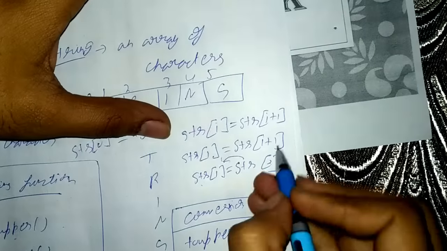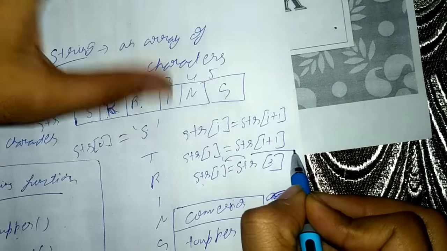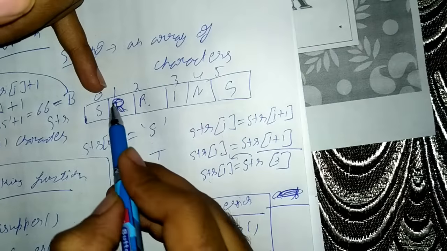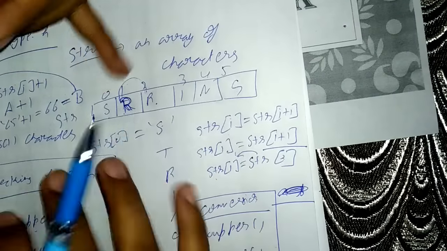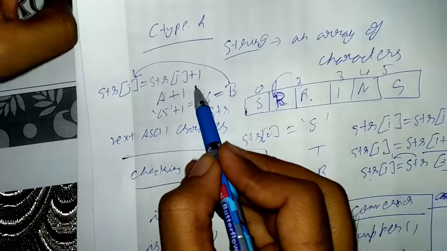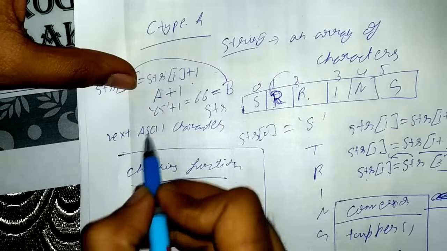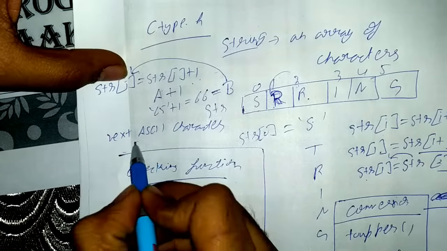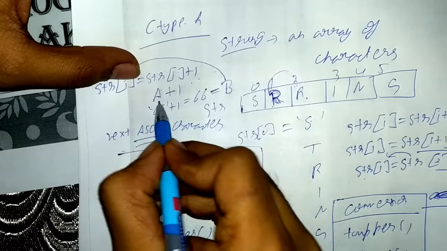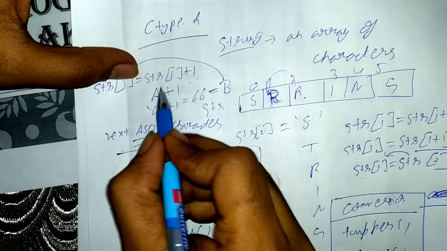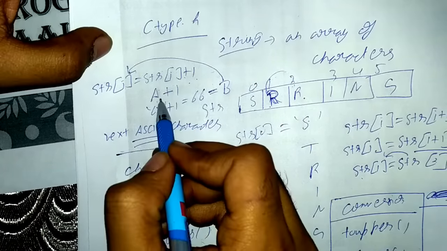So if the plus is within the brackets, that means you have to take the next character of the string. Or if it's outside the block, that means we have to initialize it with the next ASCII character. Like if the value is A, then you will assign it B. If the value is C, then you will assign it D.